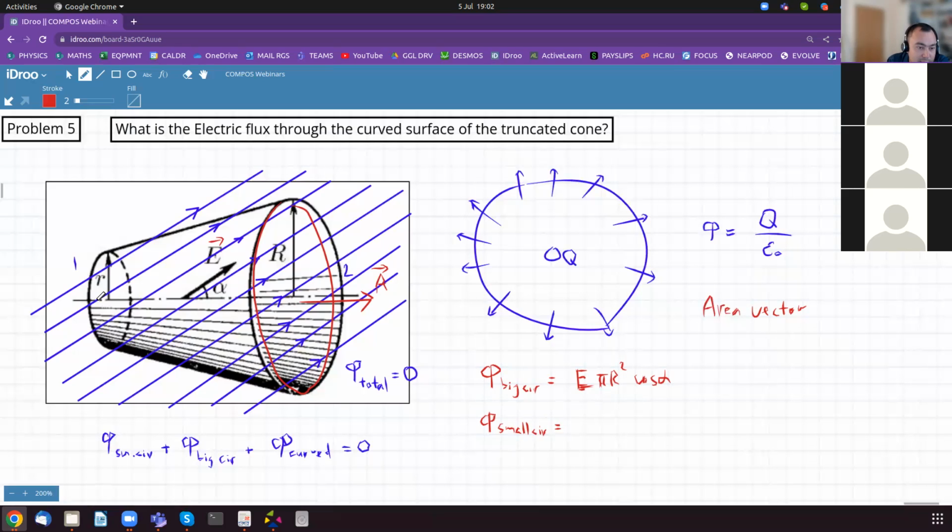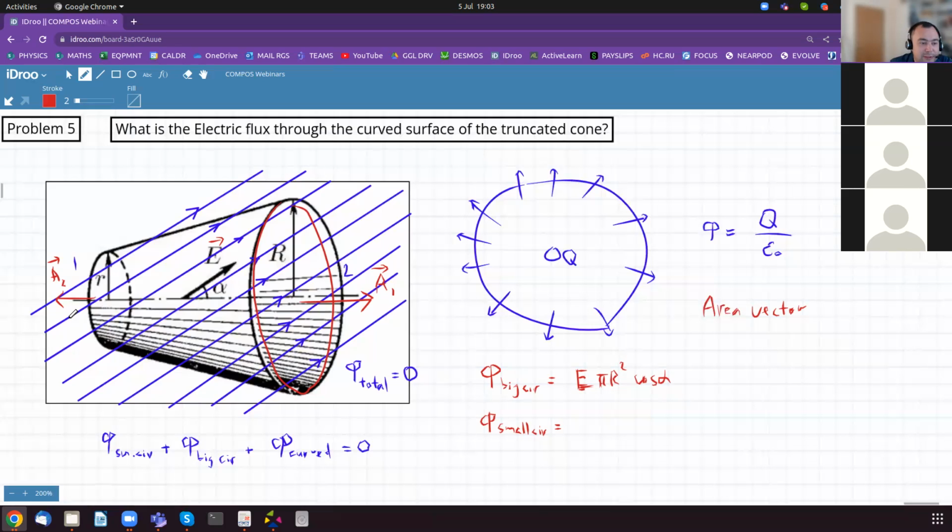Now, the flux through the small circle. The area vector is going to be in this direction. Because it's always outwards, the normal vector is the outside vector, and there are different ways we can do this.